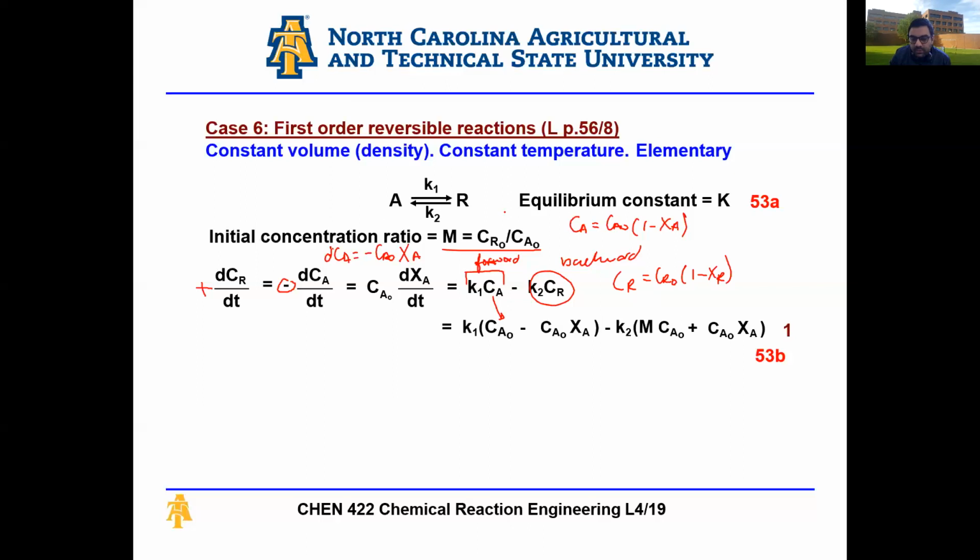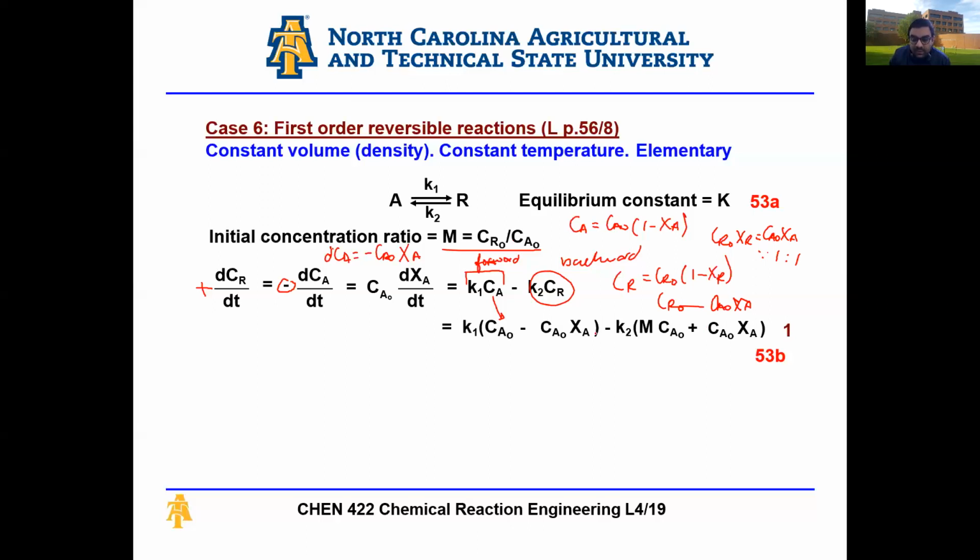And because it's a one-to-one reaction, CR node XR is equal to CA node XA. So basically I get the expression of CR node minus CA node XA. And CR node is equal to M multiplied by CA node. So I just replace it here and I get this expression, okay?